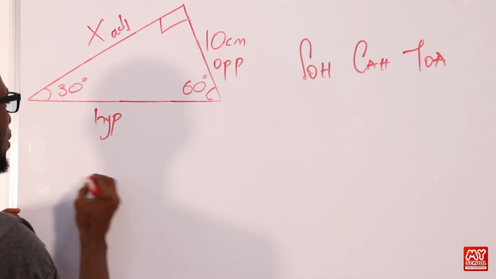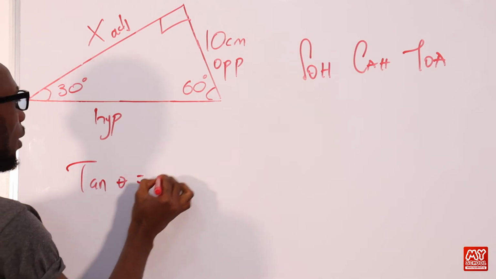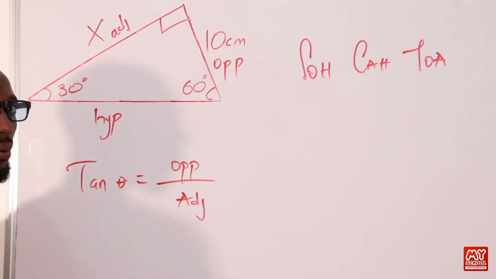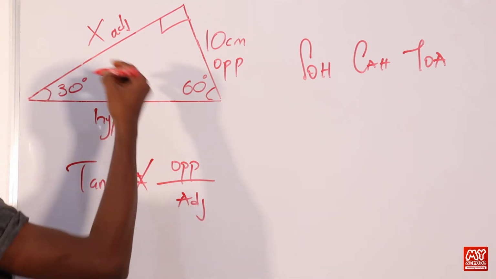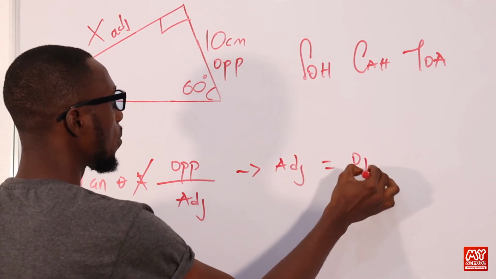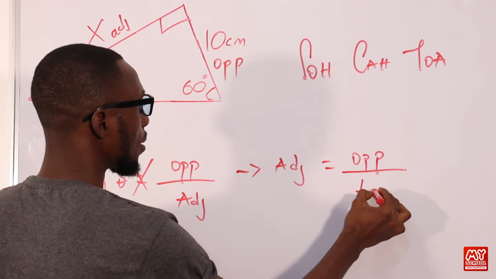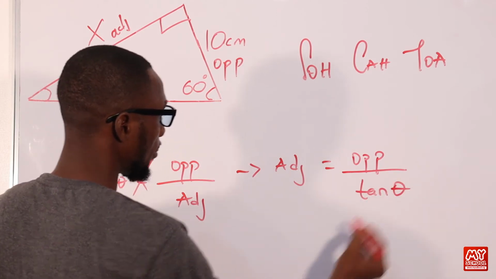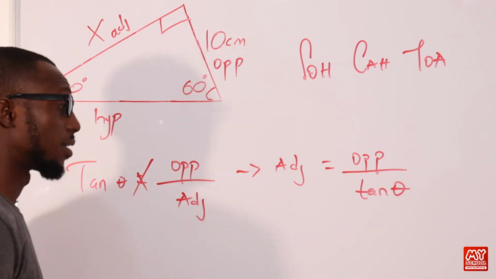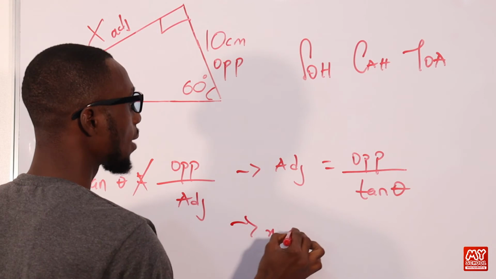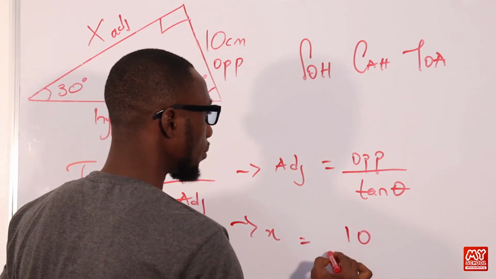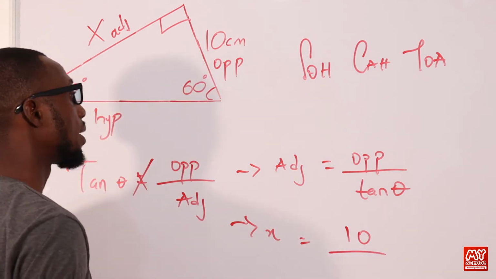Okay, so we are using tan theta equals opposite over adjacent. All right, so we are looking for adjacent X. So that is adjacent equals opposite over tan theta, because when this comes here, you divide both sides by tan theta, you have this. Okay, so our adjacent is X equals, what is the opposite? Opposite is given as 10. Tan theta, the theta is what?